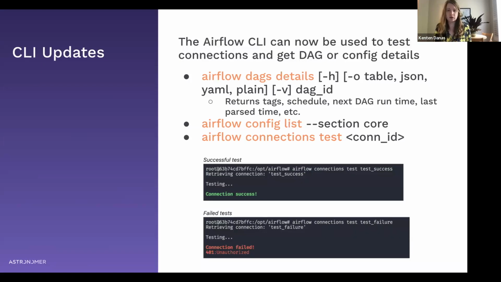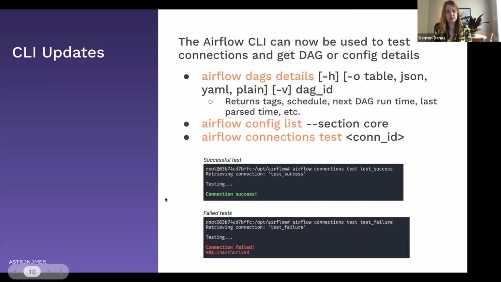The other one here that is really awesome, and I'm super excited about this, is the Airflow connections test command. This is a great way of testing your Airflow connection without having to actually run the DAG and make your task fail. Once you've defined a connection in your Airflow environment, you can simply test it using the CLI, and it's going to spit out either that it was a success or it failed and what the issue was.